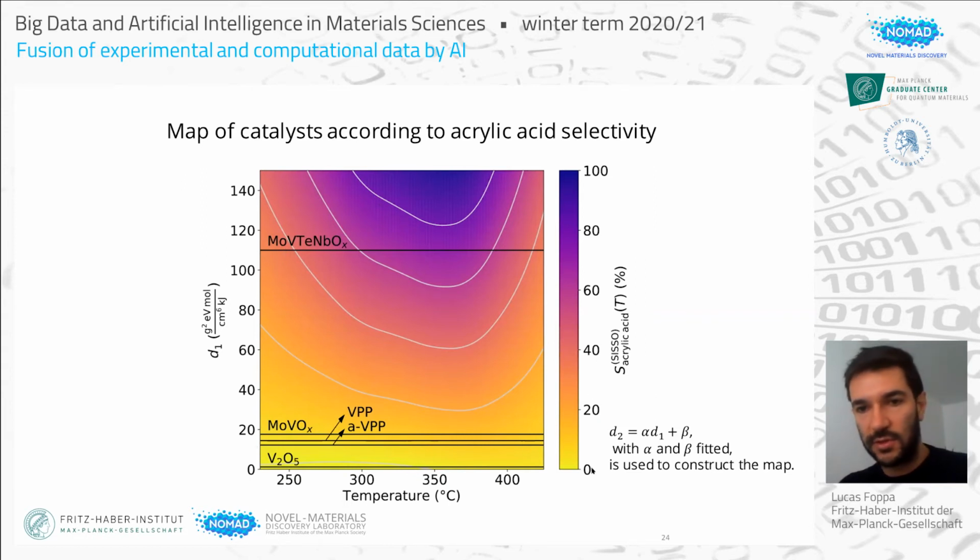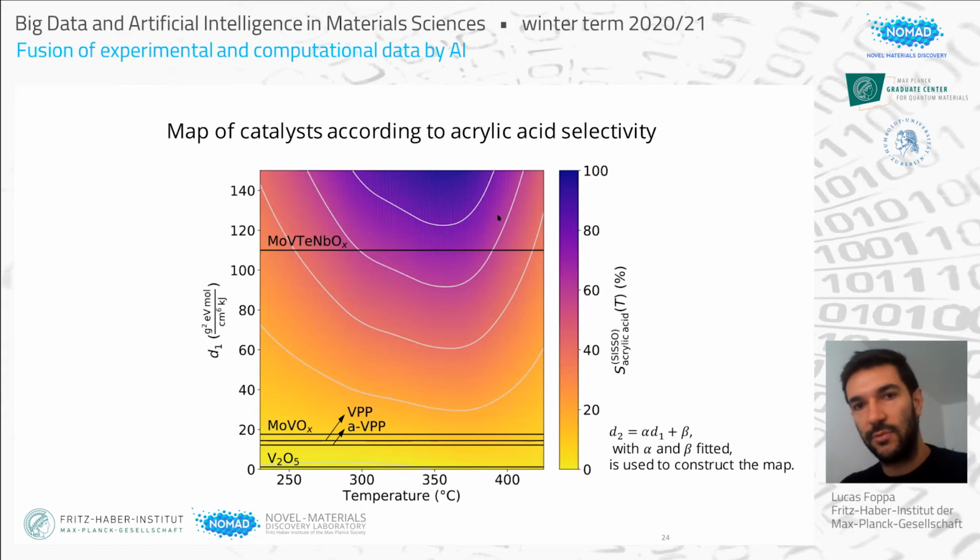And the color code goes from 0 to 100, corresponding to the predicted acrylic acid selectivity in percentage. So here, what can we see? We see that there is this catalyst that has a higher selectivity, which shows up here, and the other catalysts that have lower selectivity appear in this region.